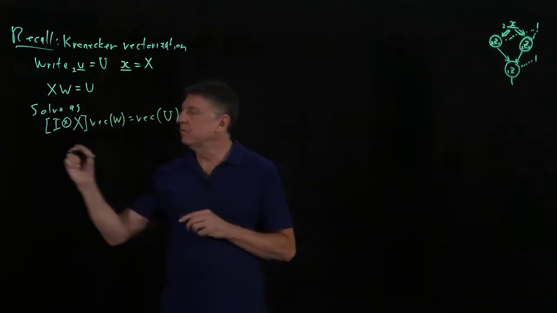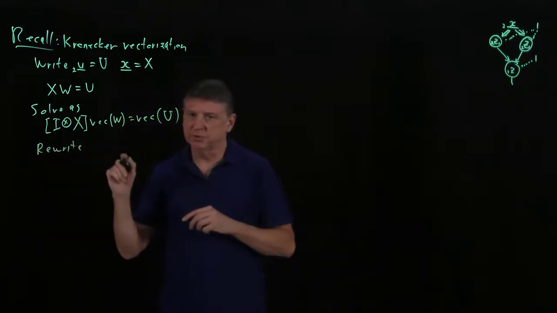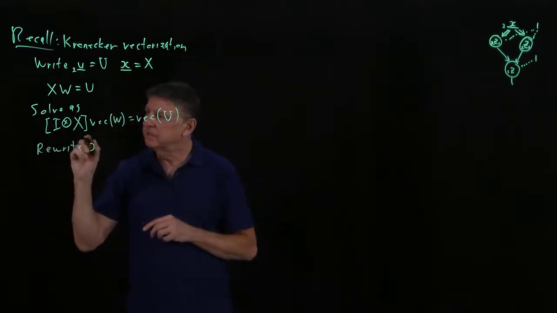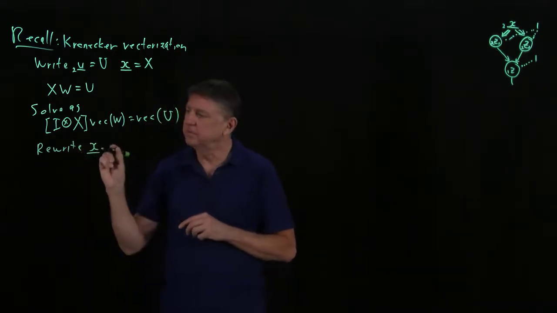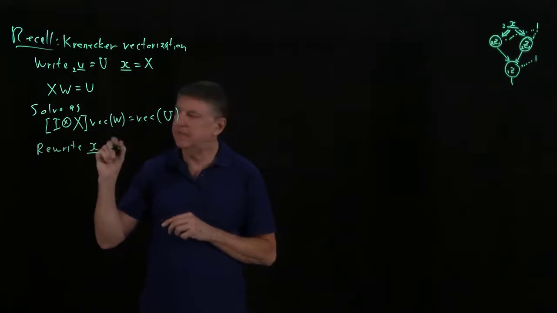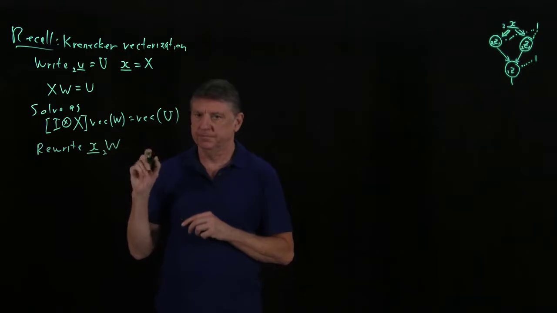So let's rewrite this term, which is this one form, the data one form that's coming in, times the weight matrix for layer 2.